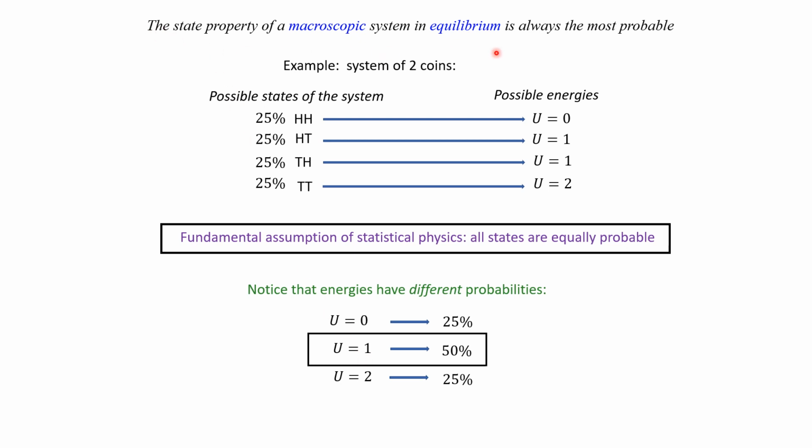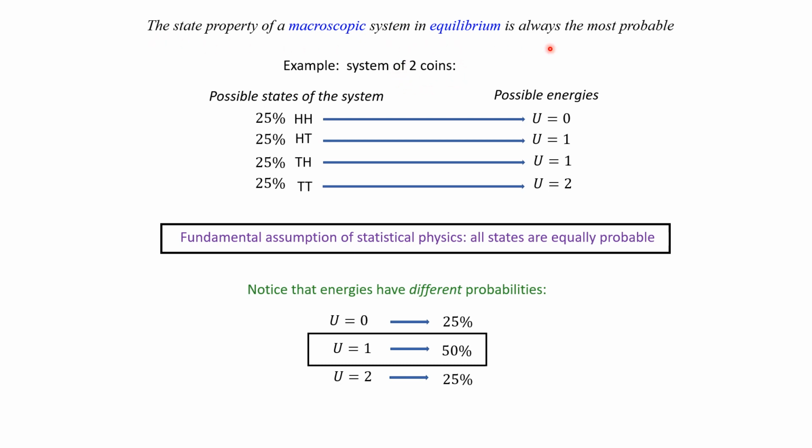Why is our principle not working in our example? And you probably have noticed that the principle is stating that the system must be macroscopic. And in our example, we have a microscopic system. We have a small system with only 2 coins.